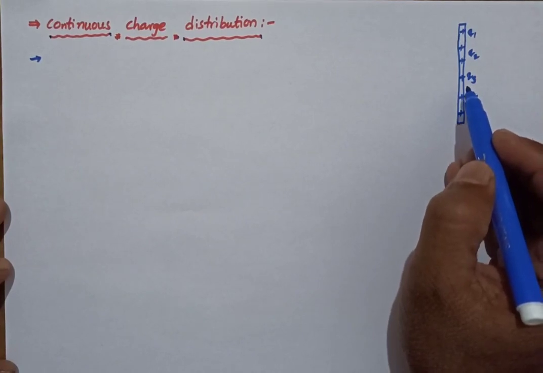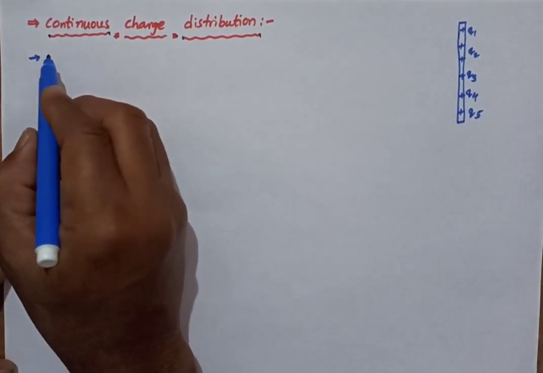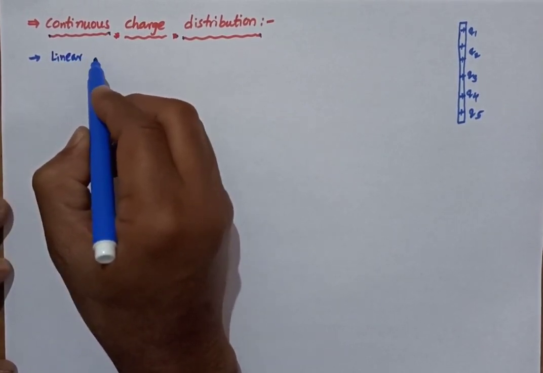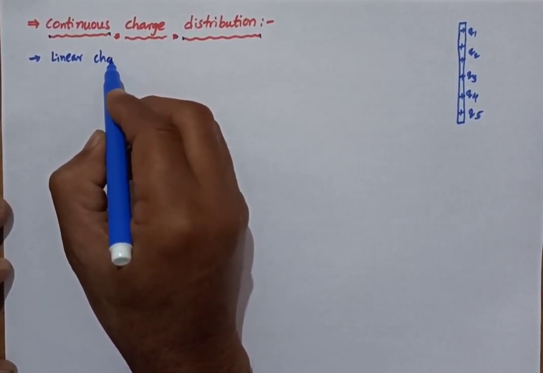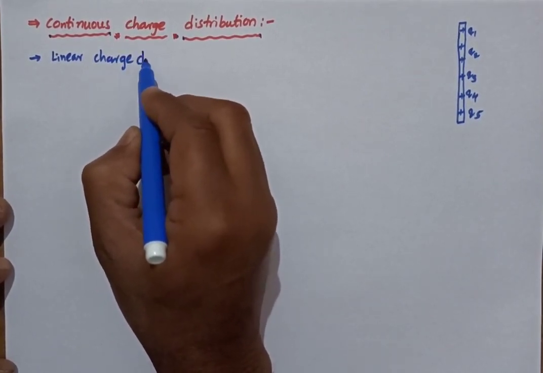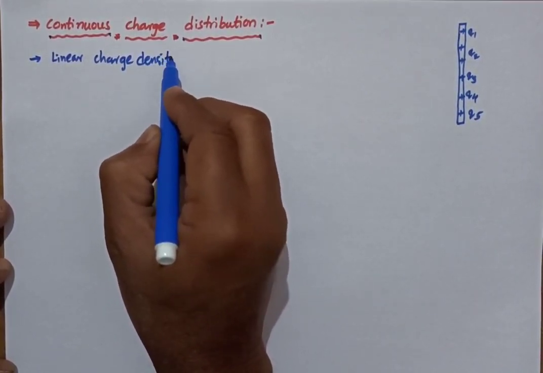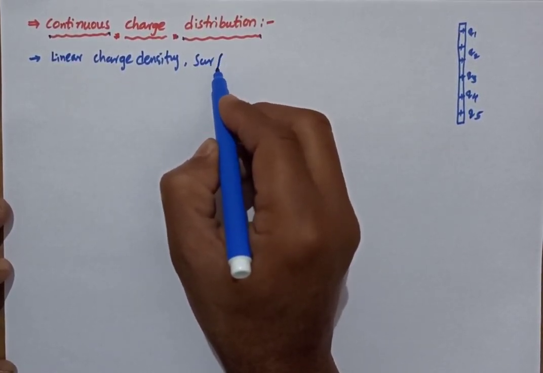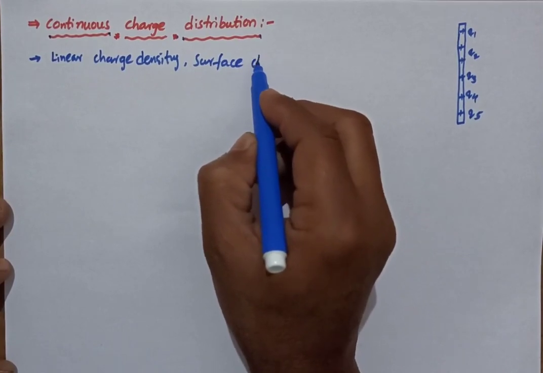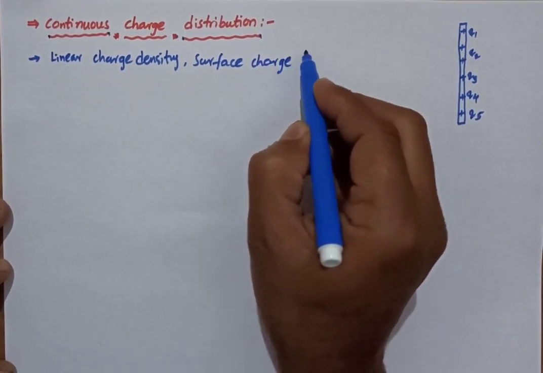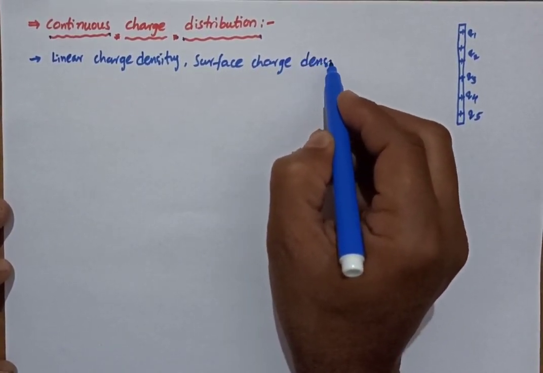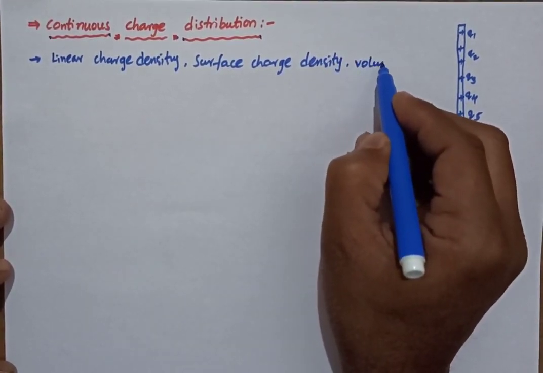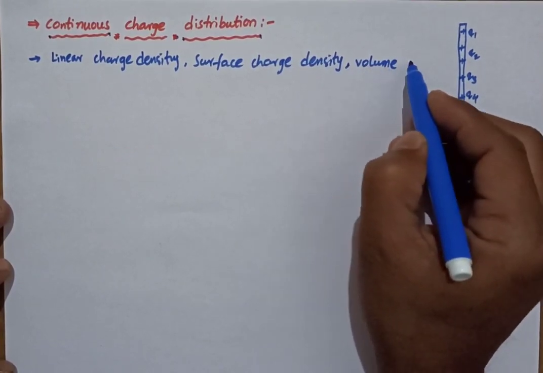So we define individual definitions: linear charge density, the second one surface charge density, the third one volume charge density.